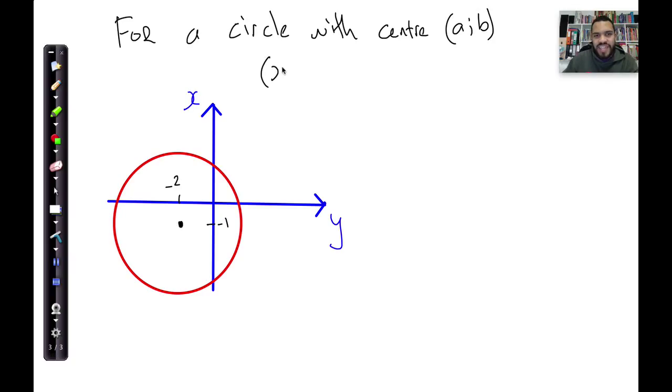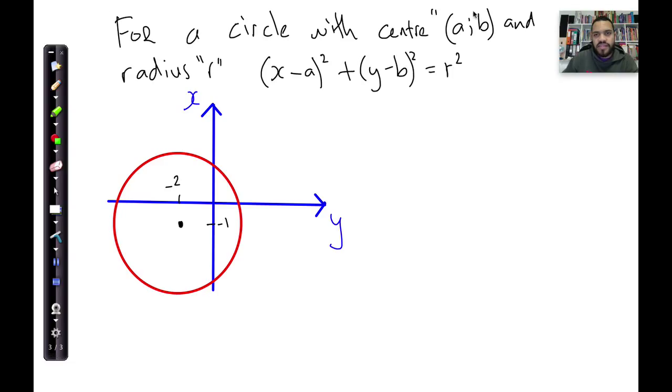It is going to be x minus a squared plus y minus b squared is equal to r squared. For a circle with center AB and radius r, okay, that's the center over there, and that's the radius. Then you get this equation.